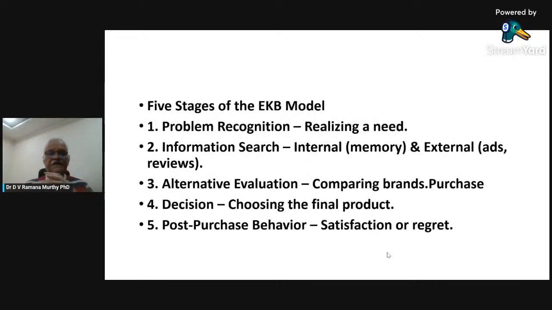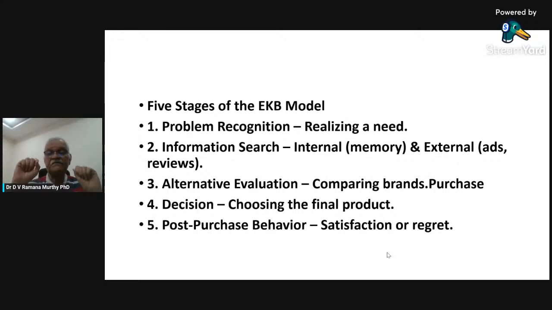But let's see the process of explanation of the EKB model. The five stages of the EKB model. First one is problem recognition. For any customer, any citizen, any human being, you need to have a felt need, realizing a need. That's very, very important.